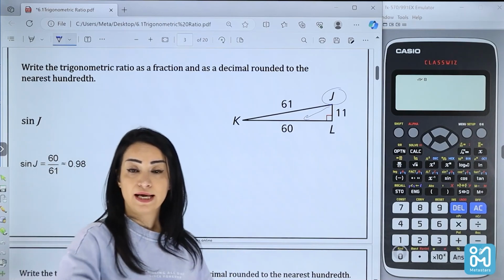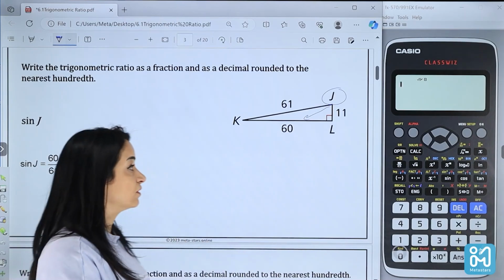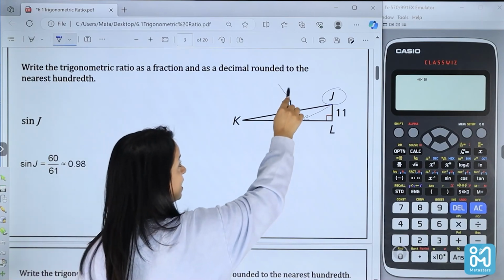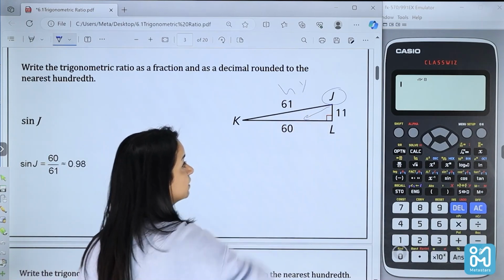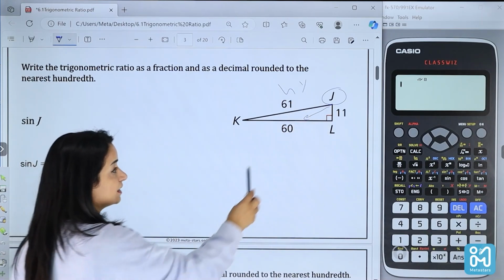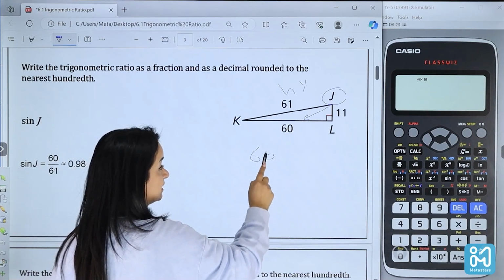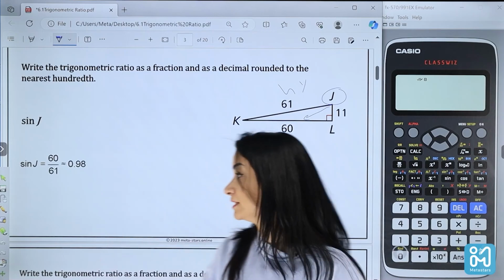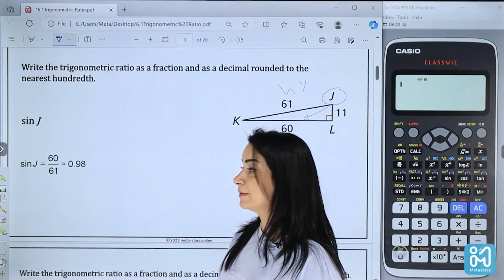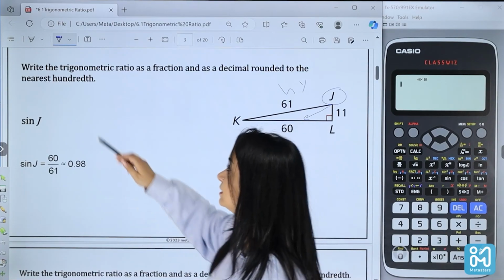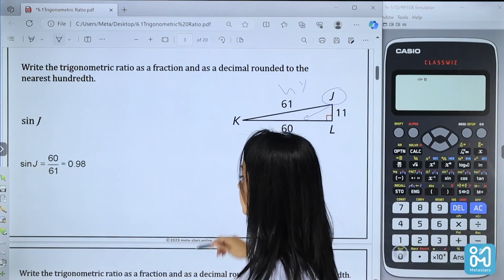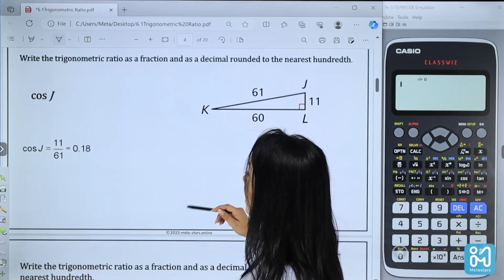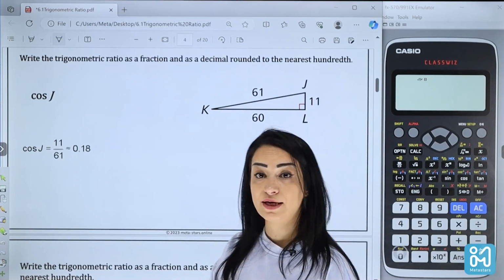The hypotenuse is always the longest side, which is opposite to the 90 degrees. So here's the hypotenuse. So sine J will be equal to 60 over 61, which in decimal is approximately 0.98.